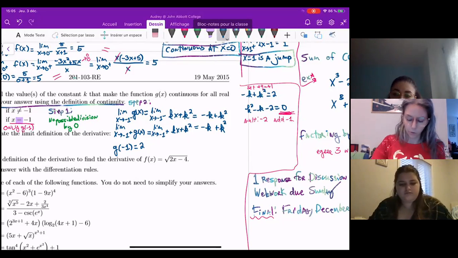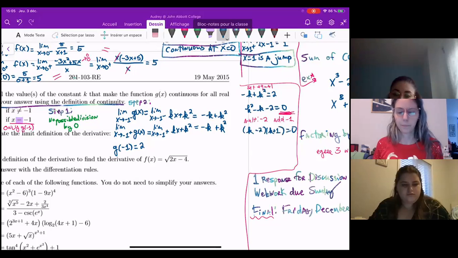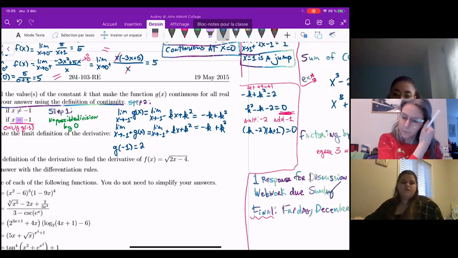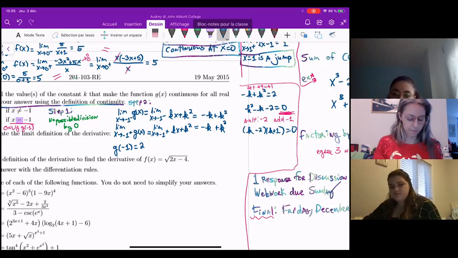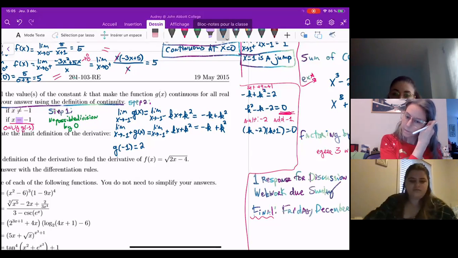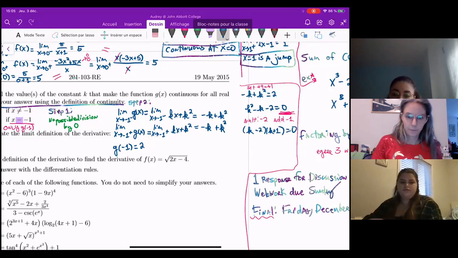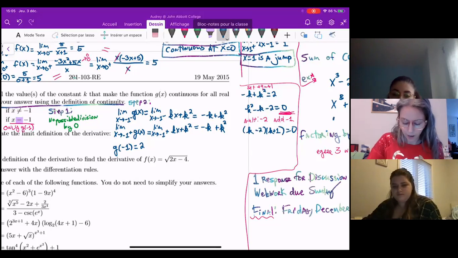What two numbers are those? Negative 2 and positive 1. Good job. So then what are my final k values? k equals positive 2 and negative 1.